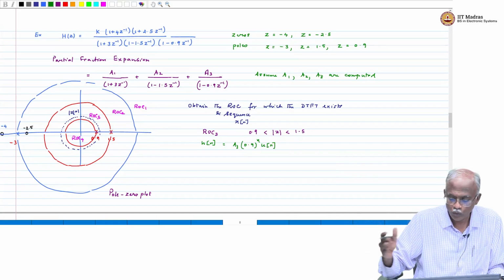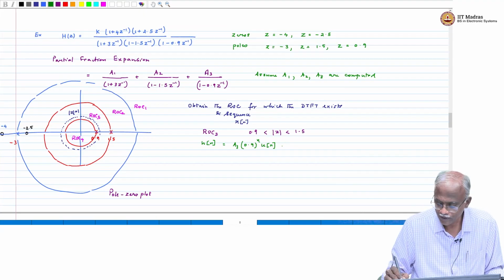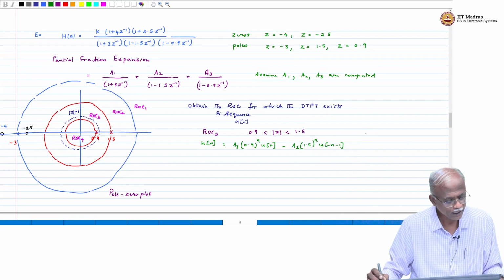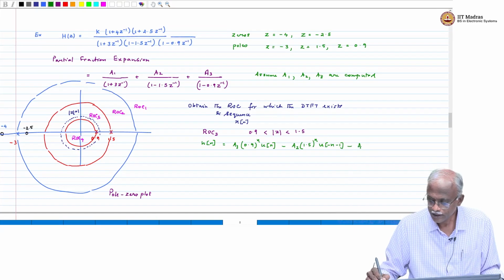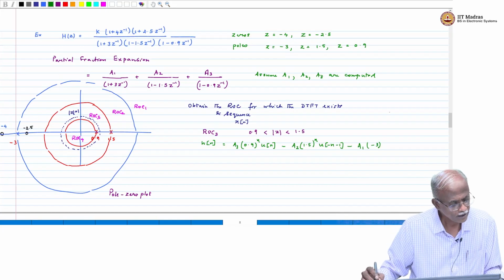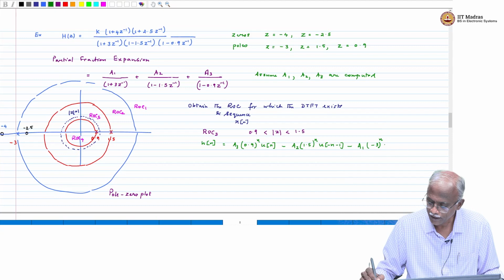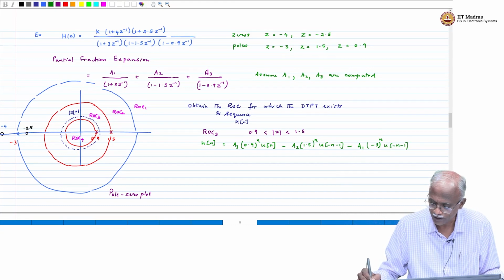The other 2 will be left-sided sequences: minus A2 times 1.5 raised to the power n u of minus n minus 1, minus A1 times minus 3 raised to the power n u of minus n minus 1.